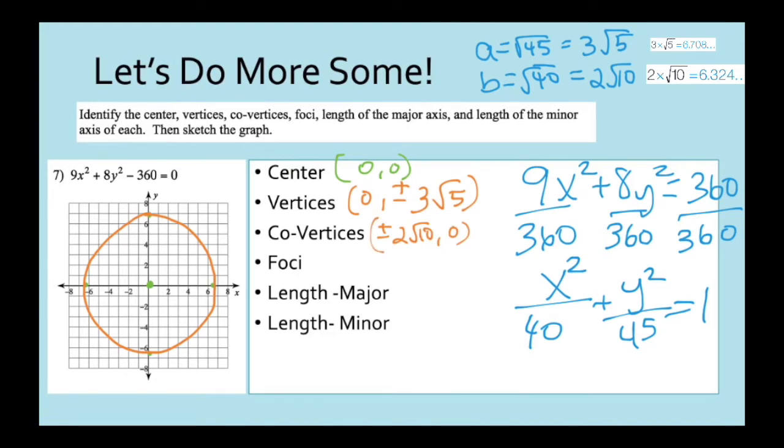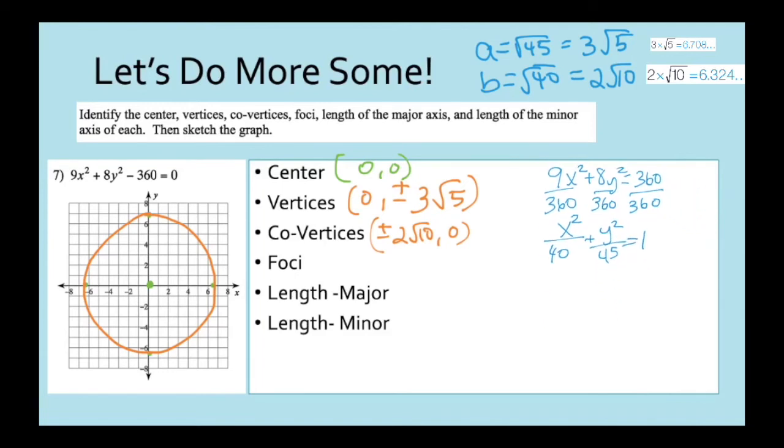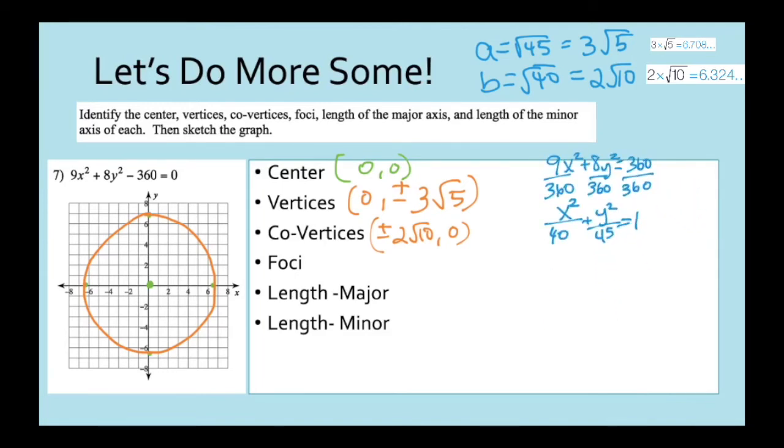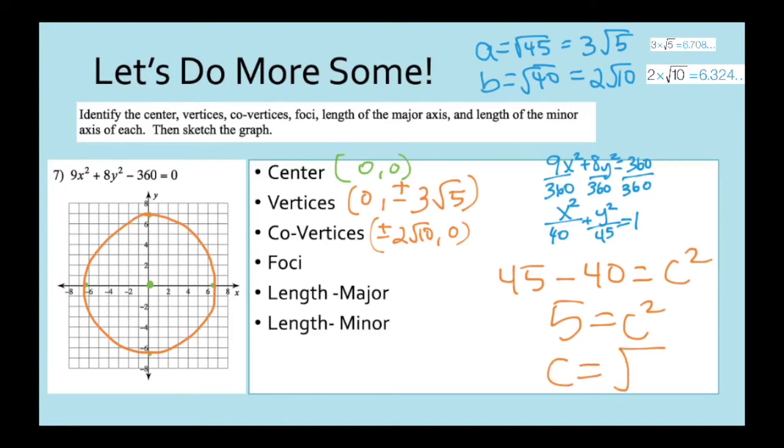Our foci, we're going to have to use our equation to find that. If you remember, our equation is a squared minus b squared equals c squared. The nice thing about it is we have our a squared is 45, so we can just write a plain old 45. And our b squared is 40, and that equals c squared. That's going to be 5, and c is going to equal the square root of 5.